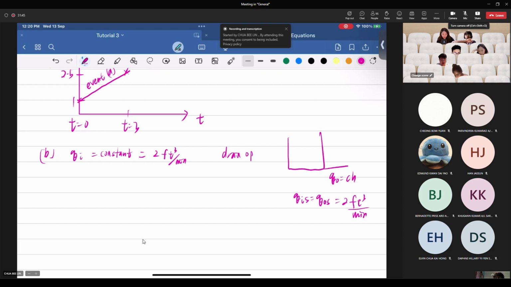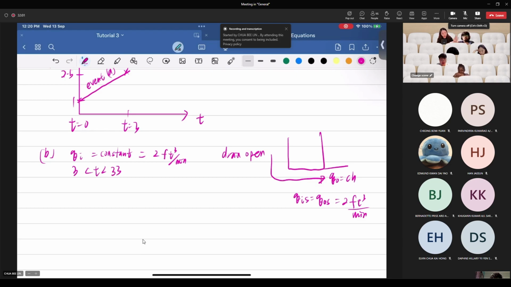So this is drain open. You will be getting this equation, and the event lasts from time equals to 3 and finishes at time equals to 33.